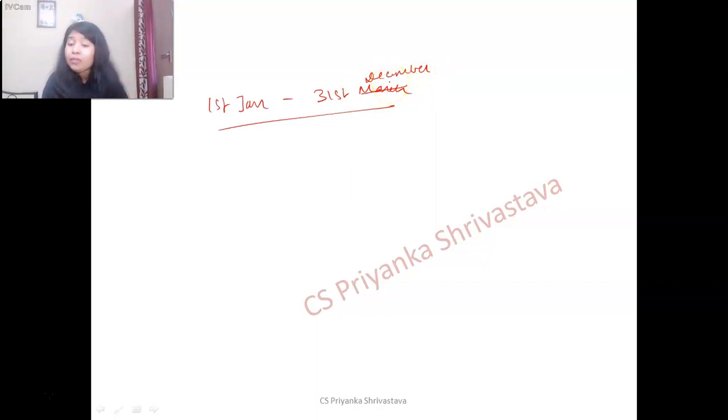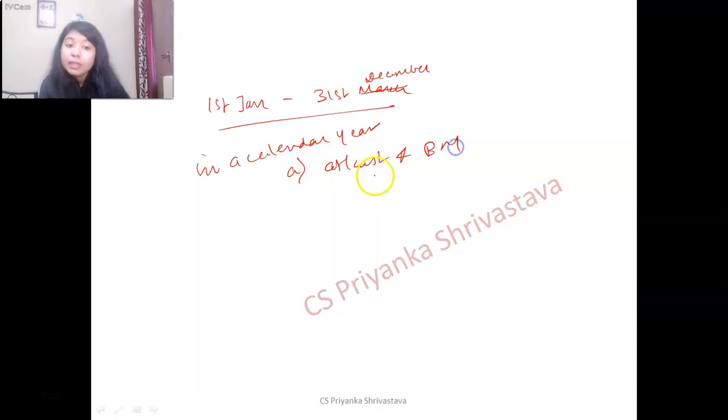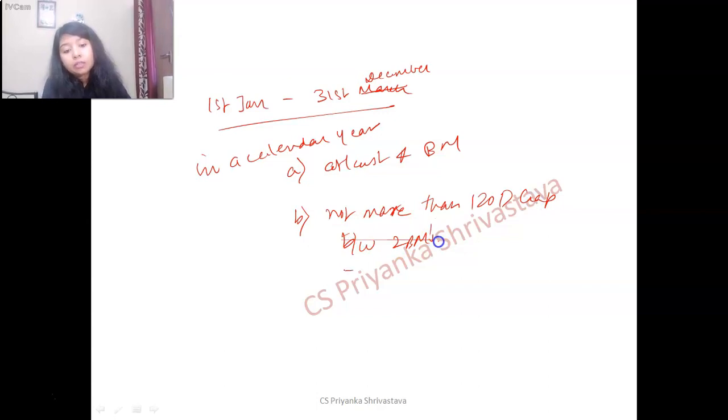If we follow in that way, we automatically follow in a year only. But as a practical provision, what the provision says is, in a calendar year at least 4 board meetings, minimum 4 board meetings with not more than 120 days gap between 2 board meetings. That's it. Okay.